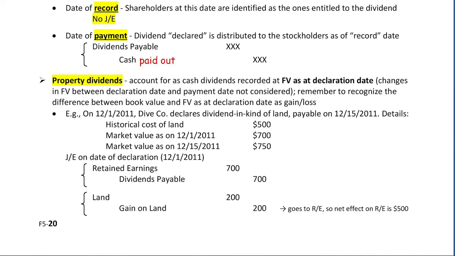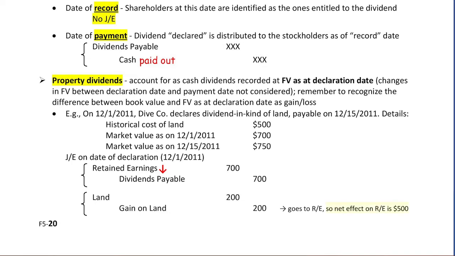So on the date of declaration, first thing, it's retained earnings debit, dividends payable credit. So retained earnings goes down, draw a downward arrow there. Now the land has got a book value of 500, fair value on declaration date 700, $200 gain. So land would be debited by $200 and the credit is to gain on land 200. Now this gain goes to retained earnings.